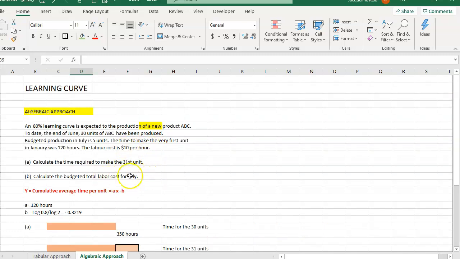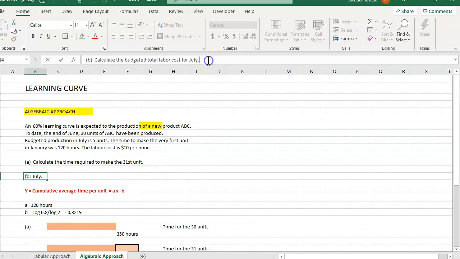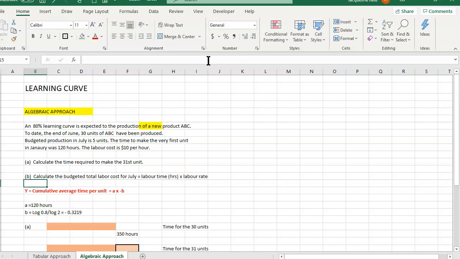So you know that labor cost is always equal to the labor time in hours multiplied by the labor rate, and the labor rate in this question is $10 per hour. So how are we going to find the labor time?